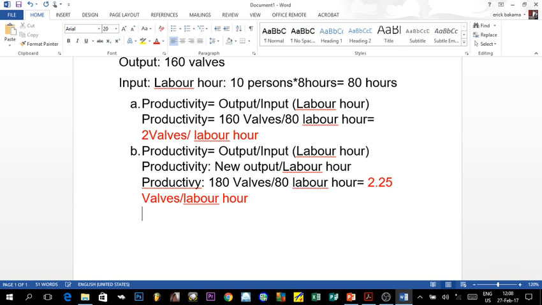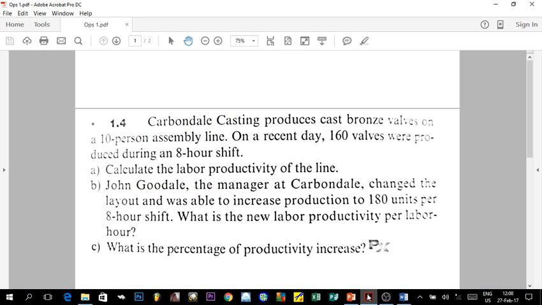But the next question is question C. They ask, what is the percentage of productivity increase?